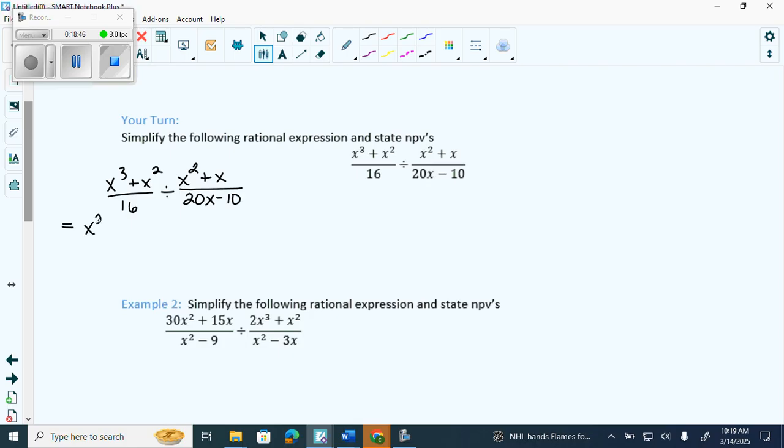So I'm going to take an x squared out, and then I'm left with x plus 1, and the x squared is a monomial, over 16, which is a monomial, divided by x, which is a monomial, x plus 1, it's a binomial. Take out a 10, monomial, 2x minus 1. So our non-permissible values are going to be x can't equal, 16 doesn't give us anything, x is 0, x plus 1 is negative 1, 10 gives us nothing, and 2x minus 1 is a half.